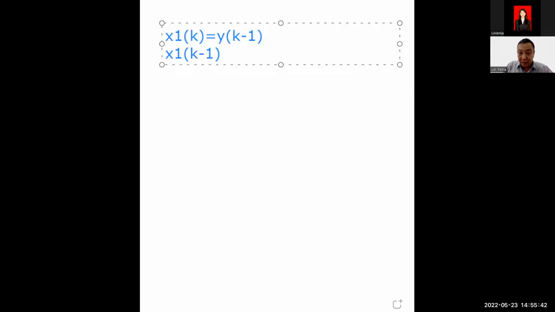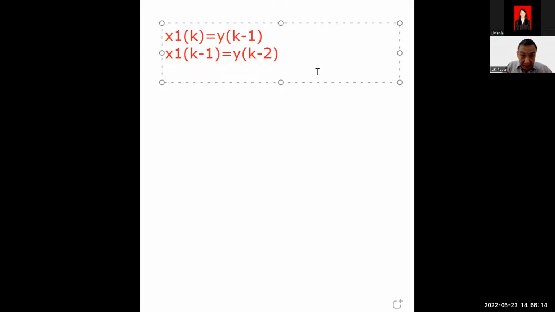Of course, that is equal to yk minus 2. Is that correct or not? Because this is minus 1, so this one is minus 1, so minus 2, right? Correct?